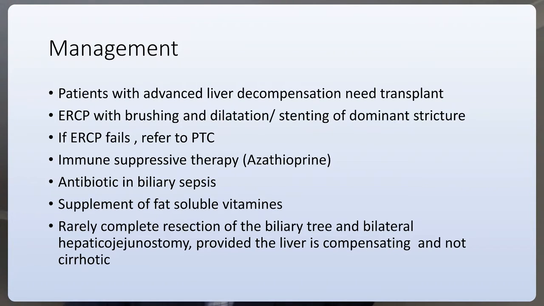ERCP plays a major role in the management, and if we see a dominant stricture, here where we do the ERCP, we take brushing, we dilate the stricture because these all are inflammatory, and we should be able to dilate them. They tend to be short strictures, and also if there is a dominant stricture after dilatation, usually we put a temporary stent for 6 weeks to be removed later on.